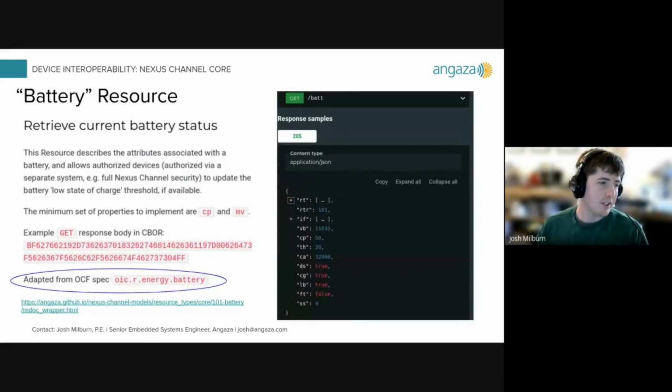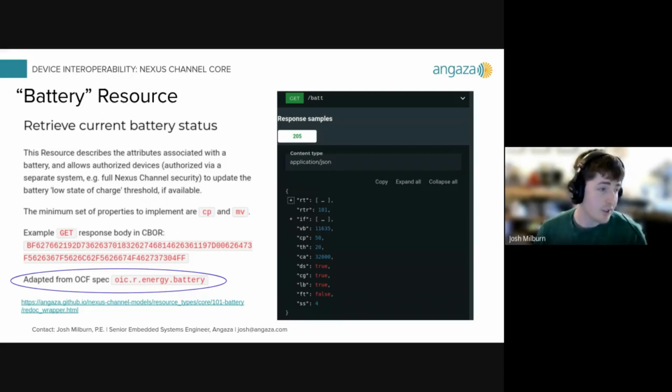It's intended to be very clear to a web developer or someone who's not deep in the embedded hardware. And this isn't something that we came up with in-house. This is essentially drawn straight from the OCF standard, and how you represent this. You have some kind of endpoint like /battery, and you have a certain set of parameters that are just defined. You say batteries always have CP and MV in this example, millivolts and capacity. And if you pull the battery resource, you can get that information.